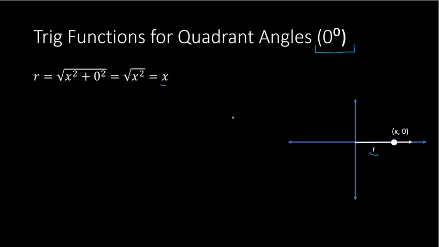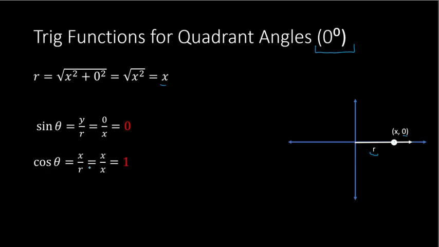With our previous definitions of sine, cosine, tangent, sine of theta can be represented as y over r. So here, y is 0, r is the same thing as x, which doesn't really matter because we have 0 divided by some value, which would equal 0. So the sine of a 0 degree angle is equal to 0. And then cosine would be x over r.